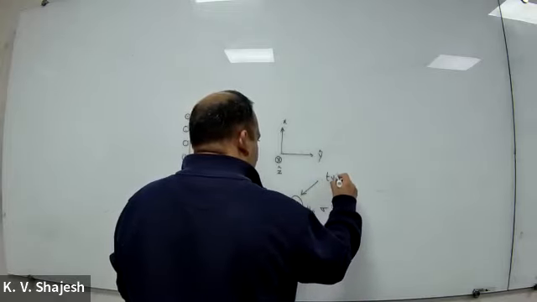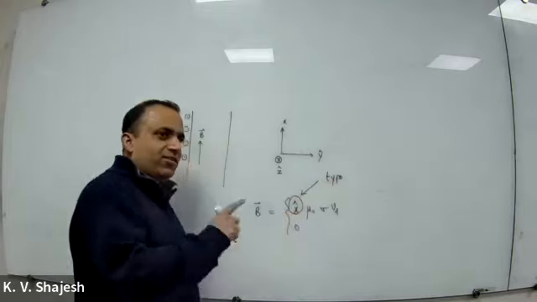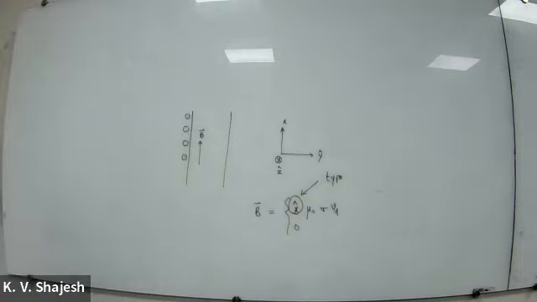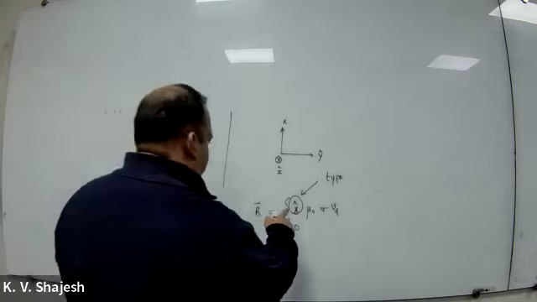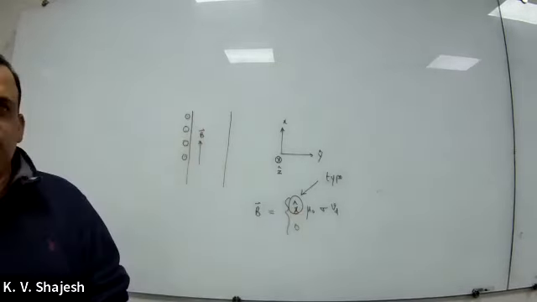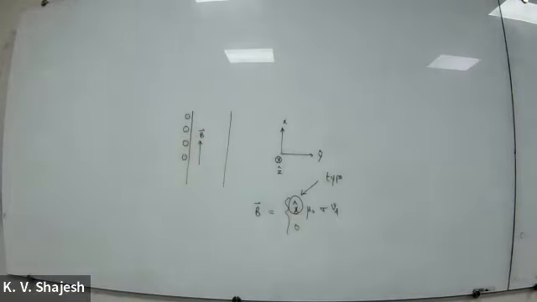Oh, it's correct. What was the question? The question says the Z hat, but it should be X hat. Otherwise, current and magnetic field will go in the same direction. Thank you very much.